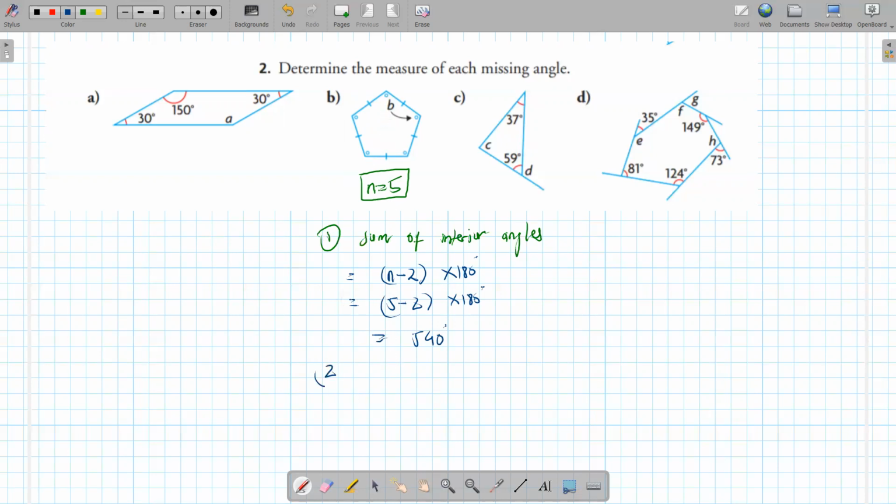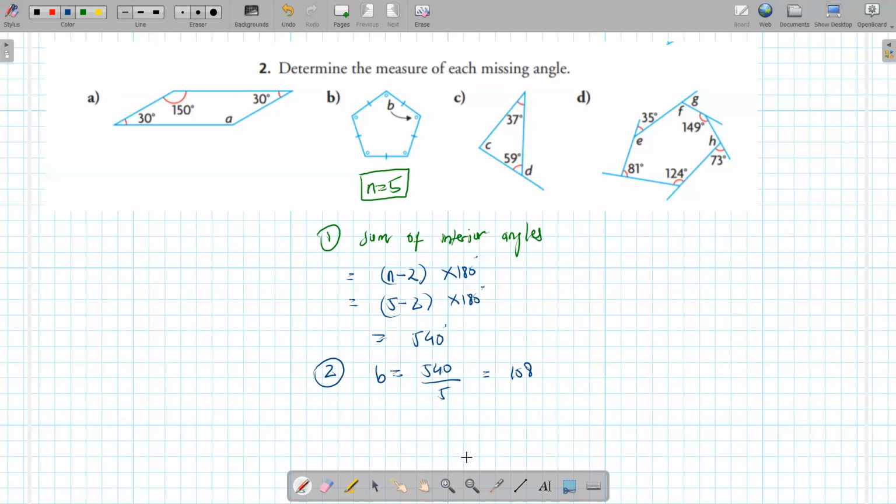So what do we do in the next step? You divide it by 5? Yes, exactly. B, the individual angle, is 540 over 5. And what is that going to be? 540 divided by 5. It's going to be 108. And there you go. We're done.